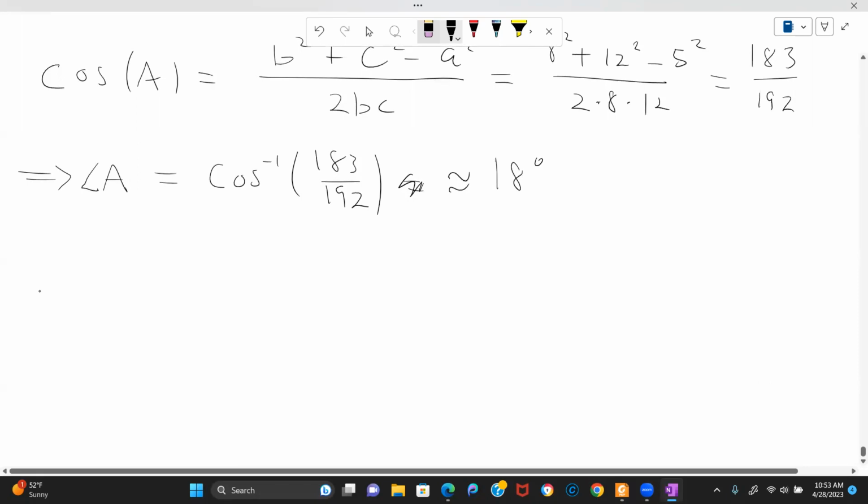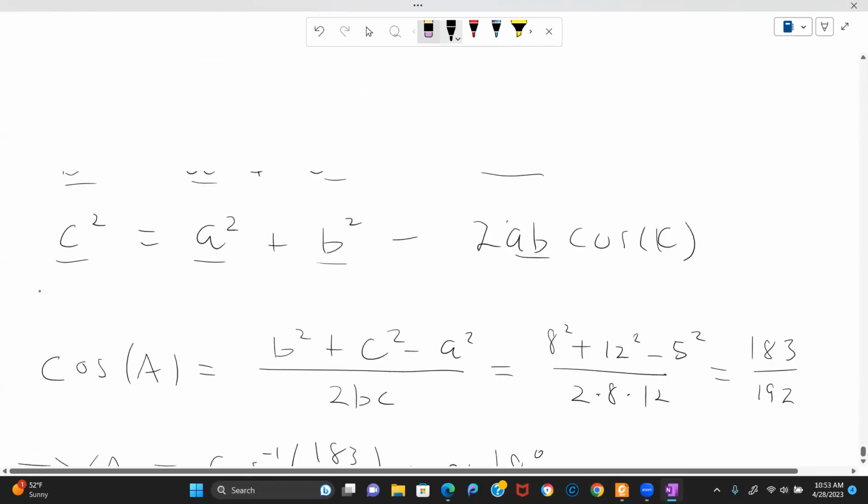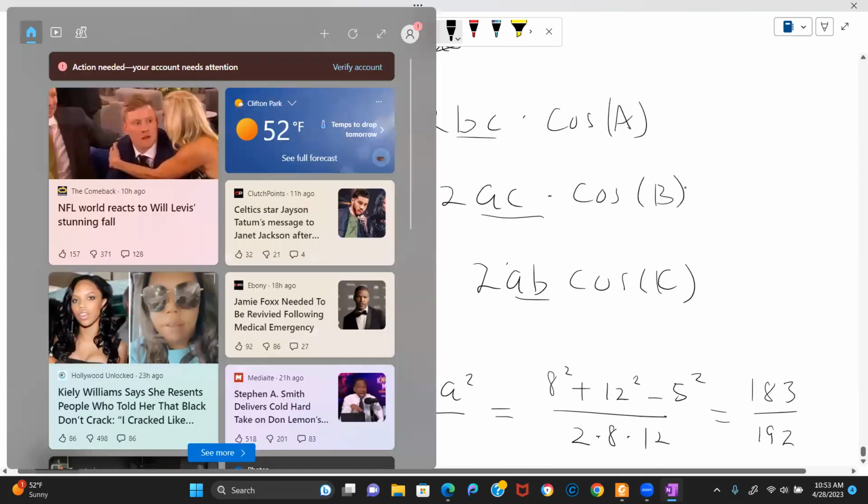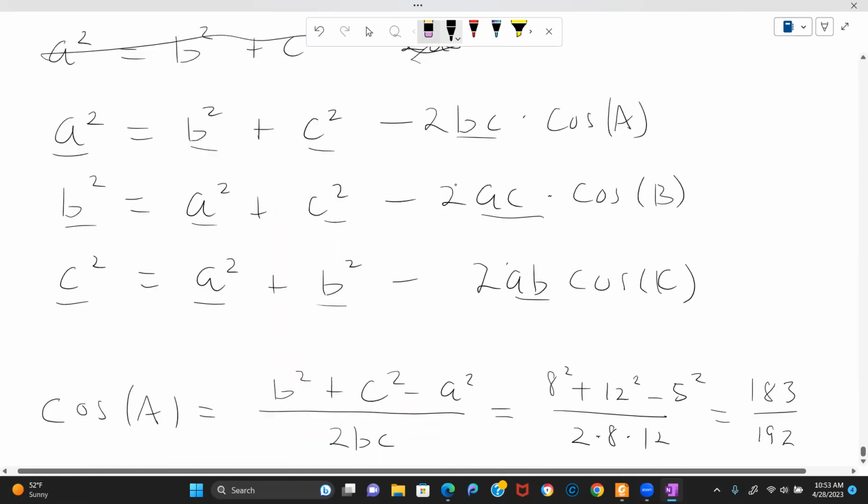And you can do the same thing. You could take this second equation here. You can solve for cosine B. I'm just going to pull the book up now because this computer is being ridiculous.